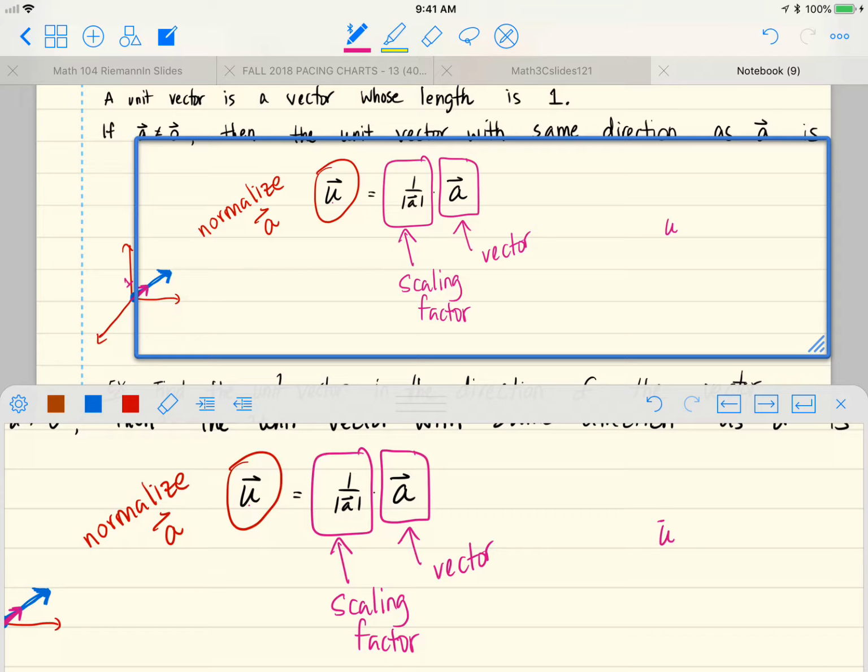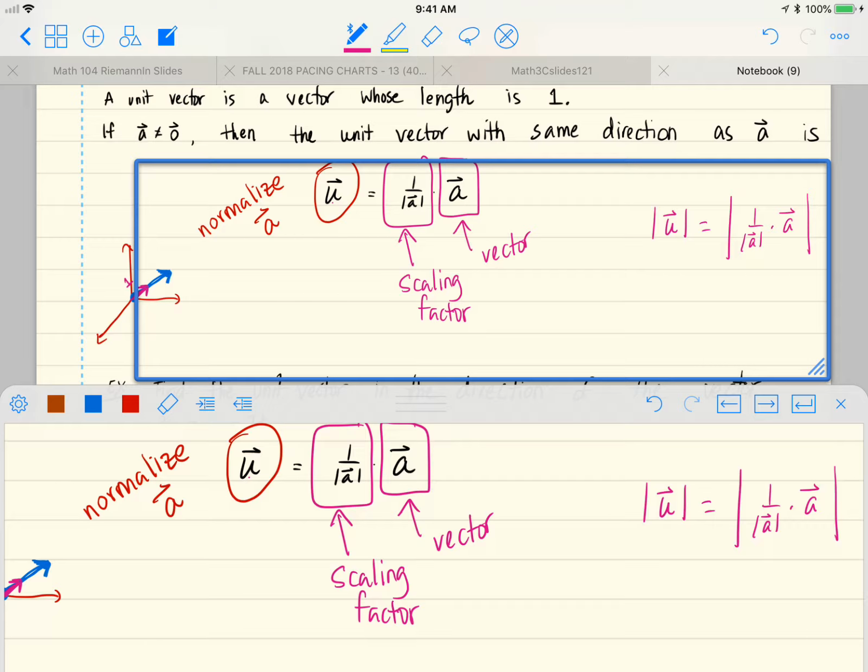So let's compute the magnitude of u. The magnitude of u is going to be the magnitude of 1 over the magnitude of A times A. But we use our properties of the absolute value or the length of a vector to say that this is the absolute value of the scalar times the length of the vector.